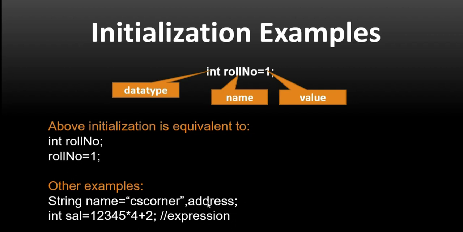In the next example, I have given an expression: int sal equal to some value multiplied by some value plus 2. This is going to be evaluated at runtime and the value will be stored in the sal variable. So you can assign an expression to your variables.